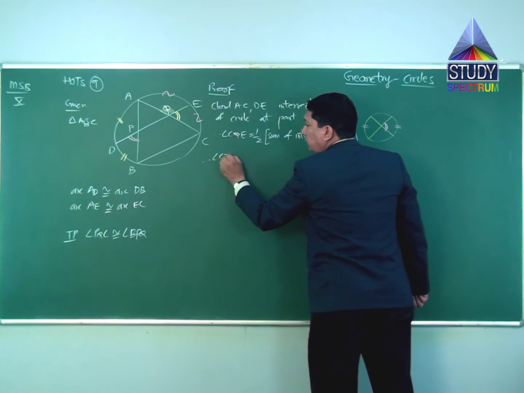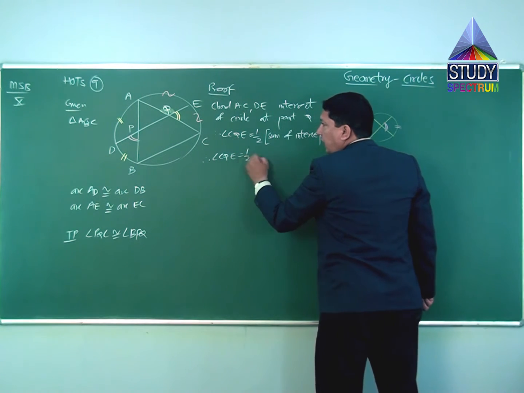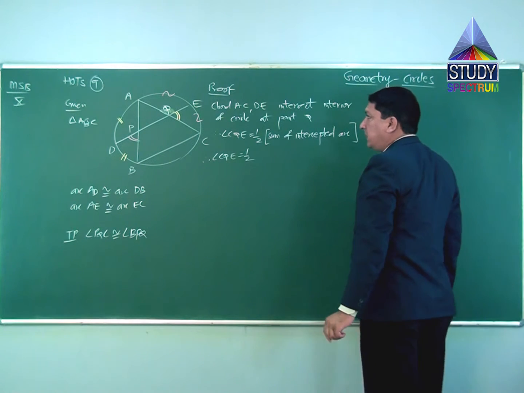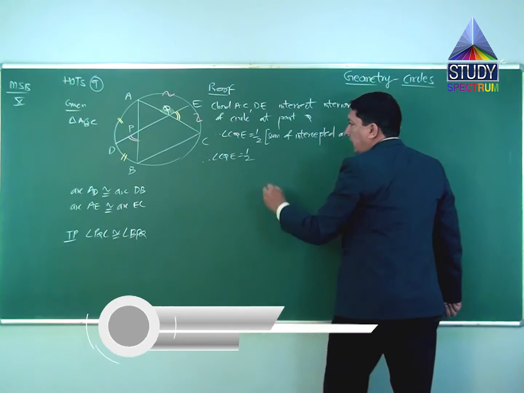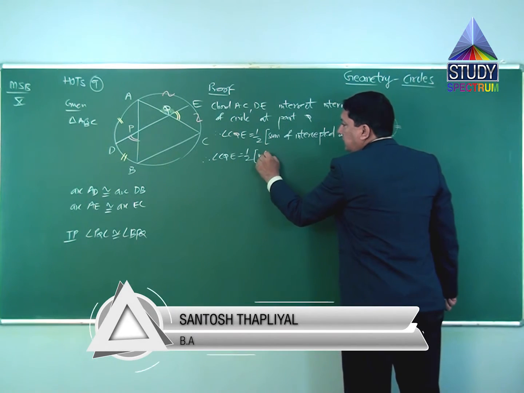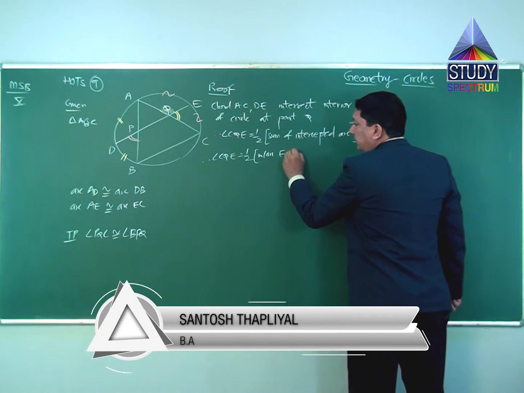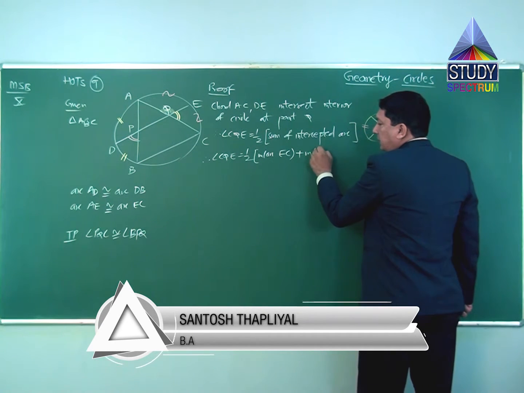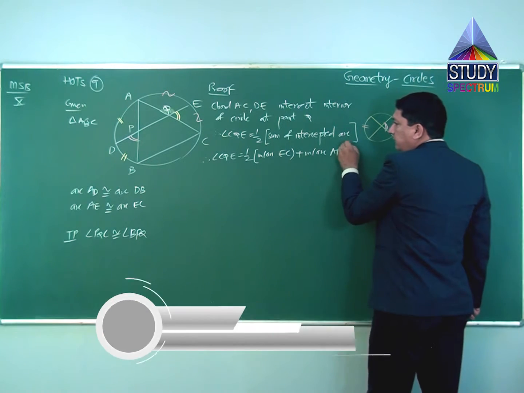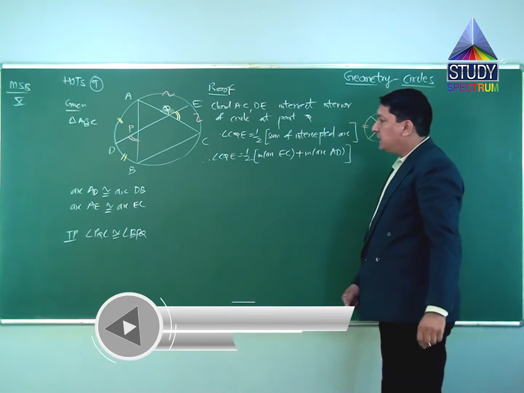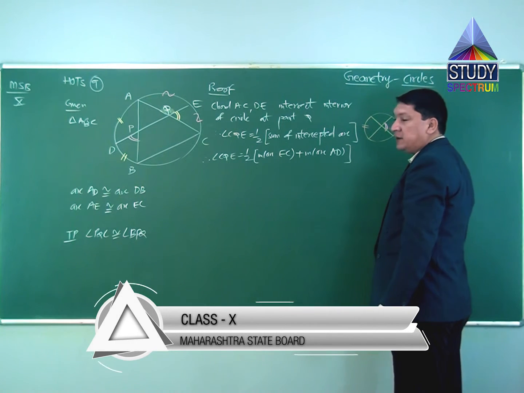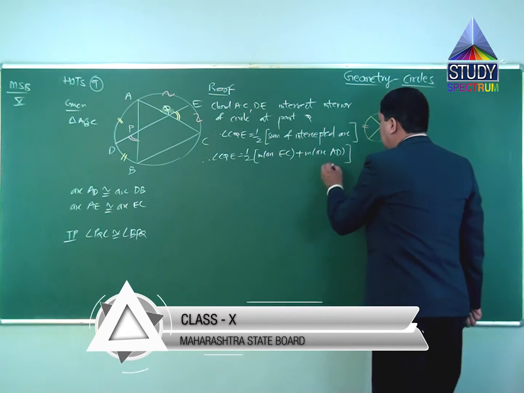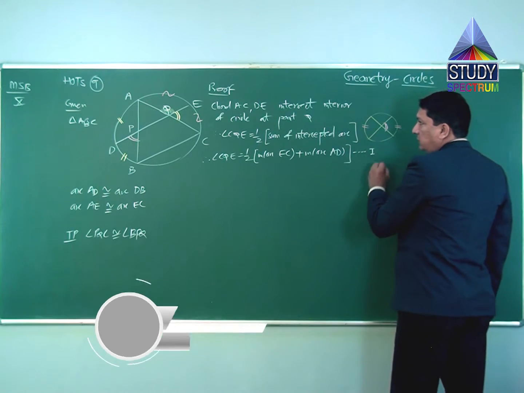Now, the intercepted arcs are arc EC and arc AD. So angle CQE is half of measure of arc EC plus measure of arc AD. This is our first equation.